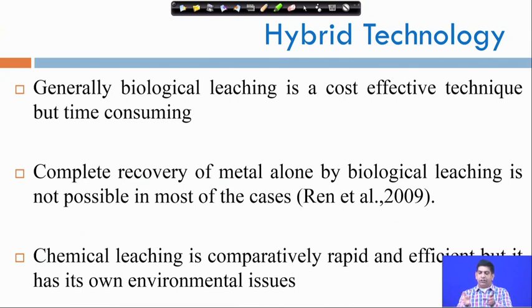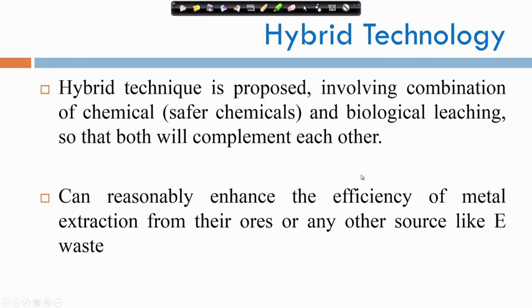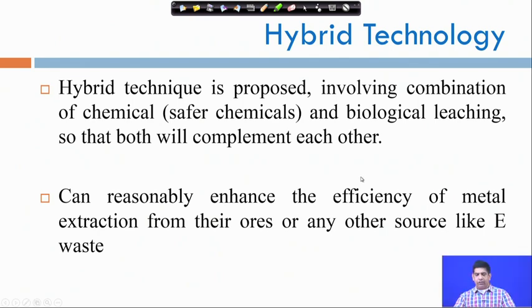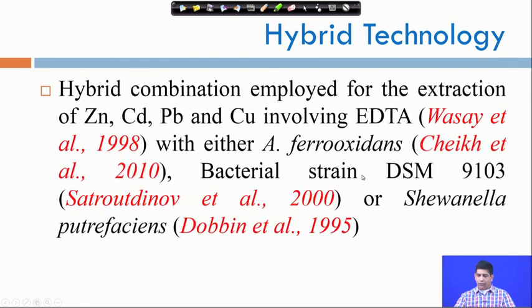So, generally biological leaching is a cost effective technique, but it does take time. Anything biological takes time, and complete recovery just by biological may not be enough. So, chemical leaching is comparatively rapid. So, many times you try to use it, but chemical leaching also has a hazardous waste problem and all that. So, many times we try to use it in combination. Hybrid techniques have been proposed involving combination of chemicals and safer chemical biological leaching, and it can enhance the efficiency as well.